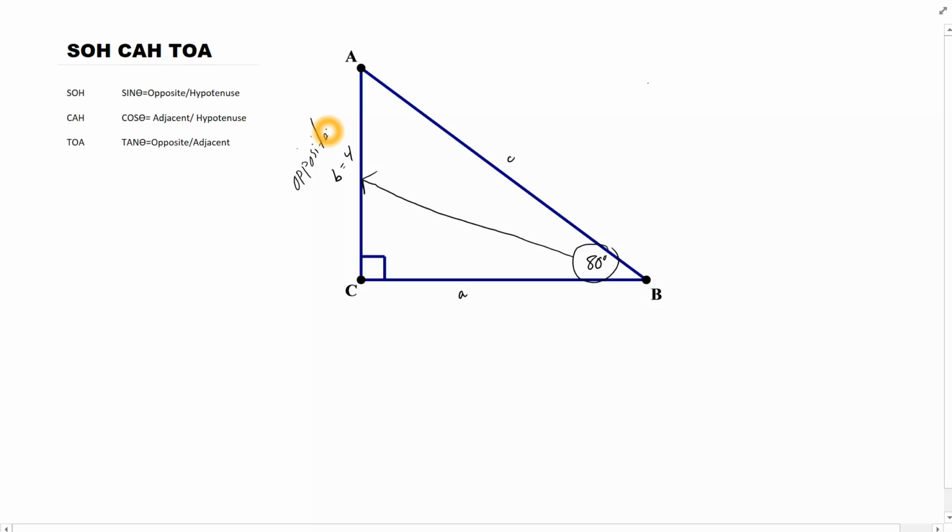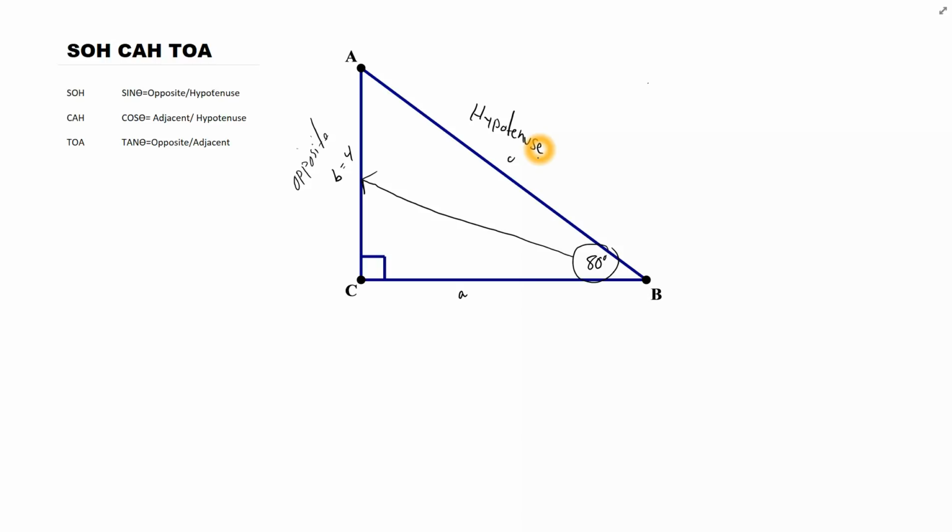Now the hypotenuse, that is always the longest side of that right triangle. So in this case C. And our adjacent side, it's always the side that it's next to that angle. And some people might say, oh, C, but C, it's the longest side.